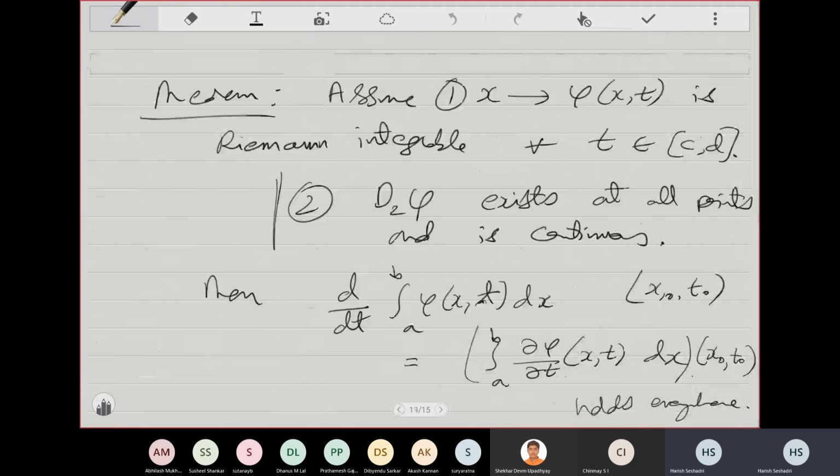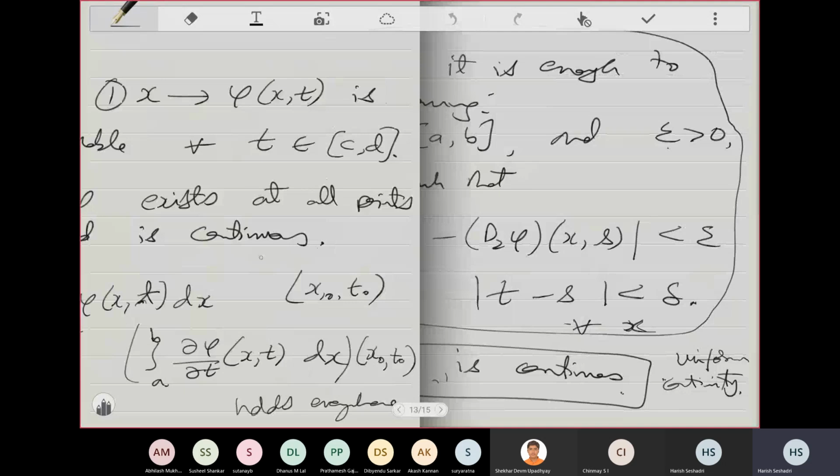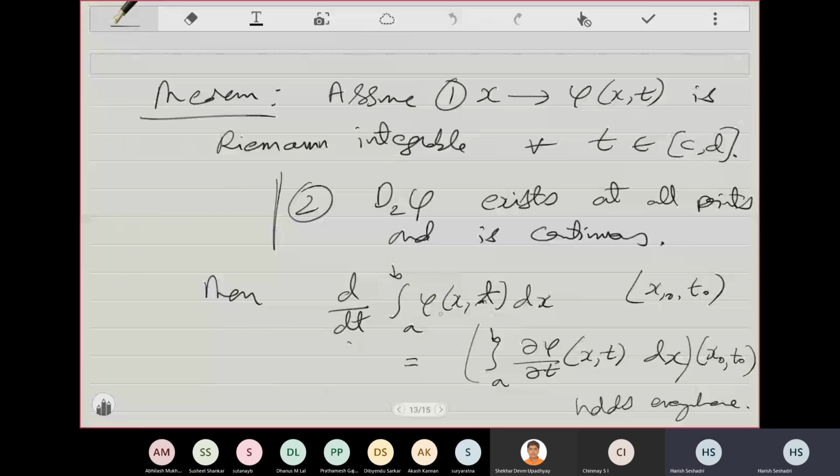You might wonder where second order partial derivatives even come into play, because here we are just talking about first order derivatives and integrals. Why do we even need this condition on second order derivative? No, not second order, this is just the first order derivative. But how do we use that theorem? Here is the question.